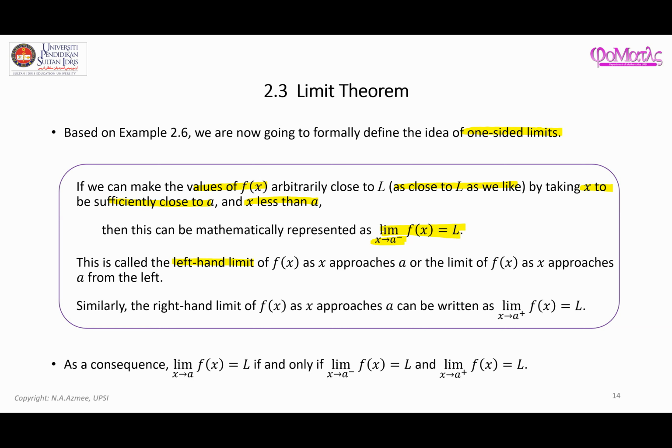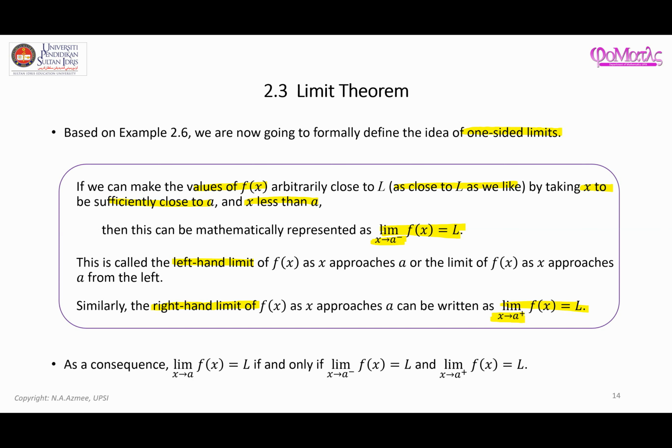Similarly, we can define the right-hand limit of this function, where the limiting value of the function when x comes to A from the right direction is equal to L. The positive sign indicates it comes from the right direction, whereas the negative sign indicates that x approaches A from the left direction.